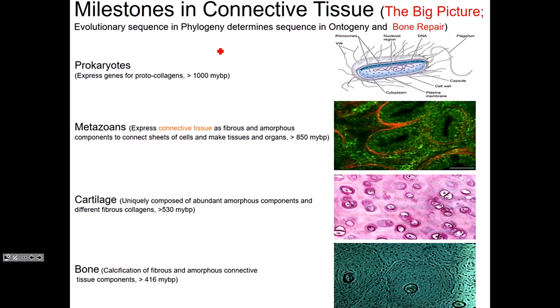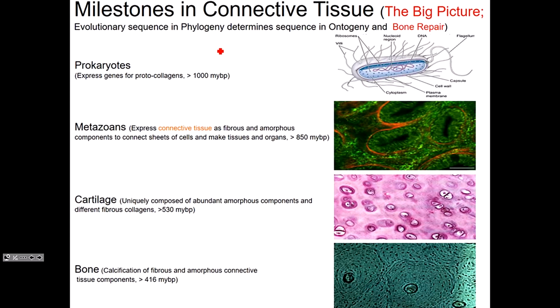When you break a bone, you go through a sequence of firstly deposition of fibrous and amorphous components, i.e. non-cellular, extracellular components. Then there's a cartilage bridge, and then we get bone. And that's what we see during evolution. We see that sequence of fibrous, amorphous components, cartilage and bone.